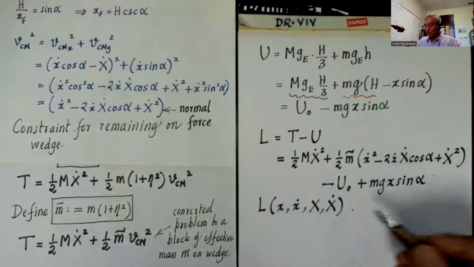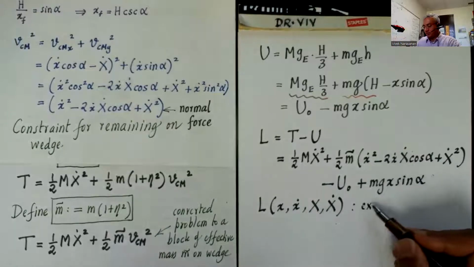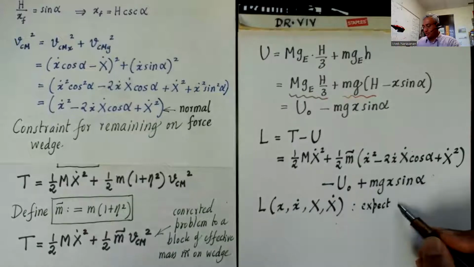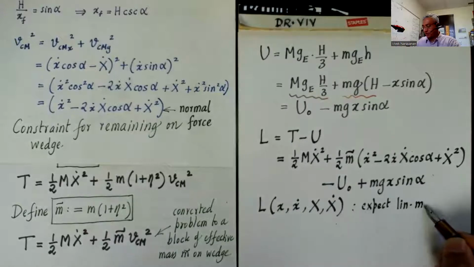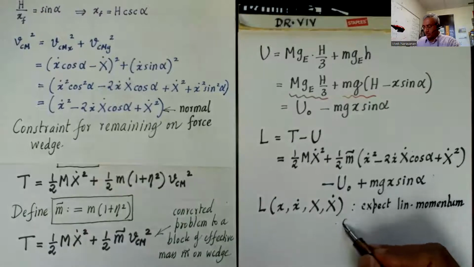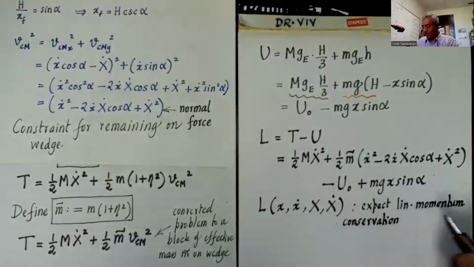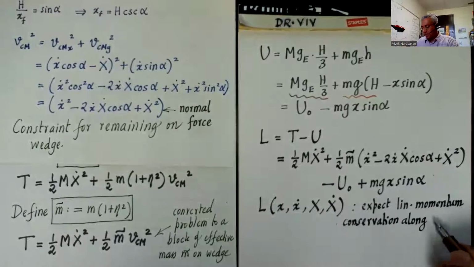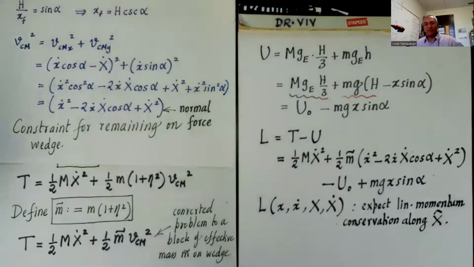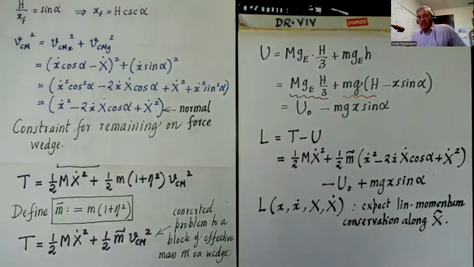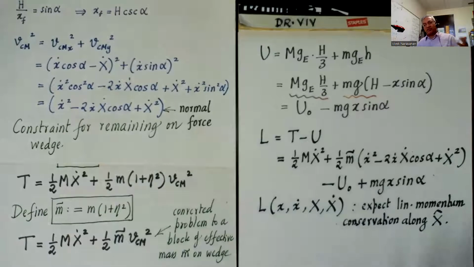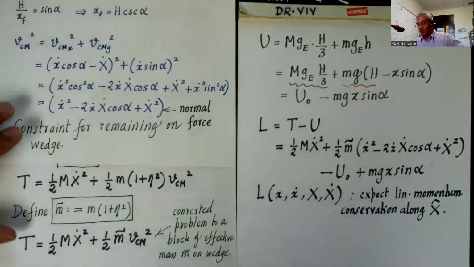So we can expect linear momentum conservation along the direction x hat. And we will see when we do the equations of Lagrange that indeed linear momentum is conserved. But just by looking at the structure of the Lagrangian, we already expect energy to be conserved. We already expect linear momentum also to be conserved.